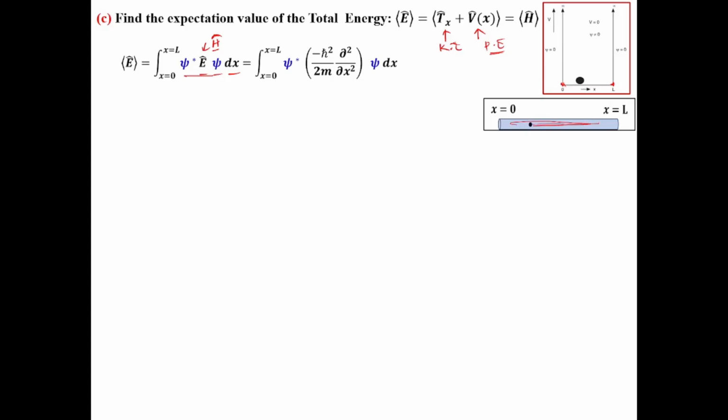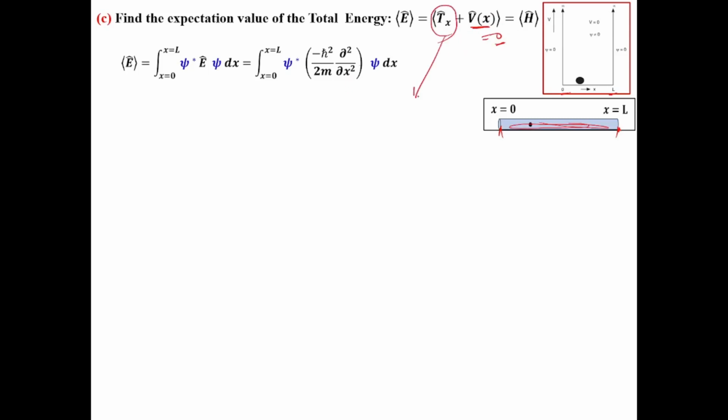The force is only exerted at x equal to 0 and x equal to L, where the particle does not exist. So in this length the particle is in free motion, which means there is no potential, so this value will be 0. So for this dynamics, the total energy or Hamiltonian is nothing but the kinetic energy only.